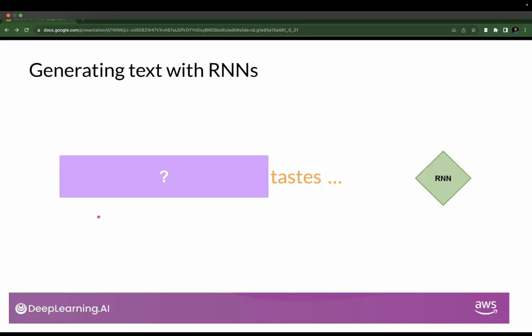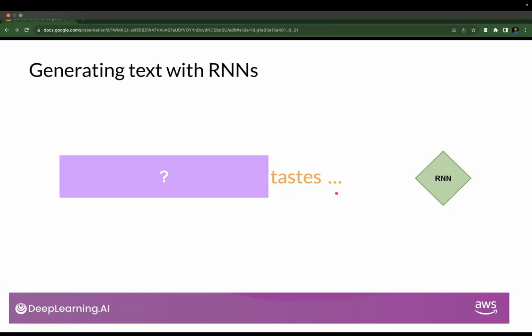Think of an example. If you have to guess the last word of a sentence, assuming you know all the words till the last word, your prediction is going to be more accurate than if you know just one word and then try to predict the next word.